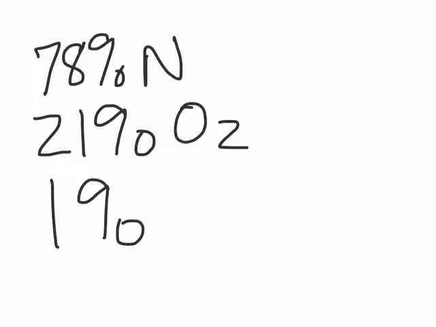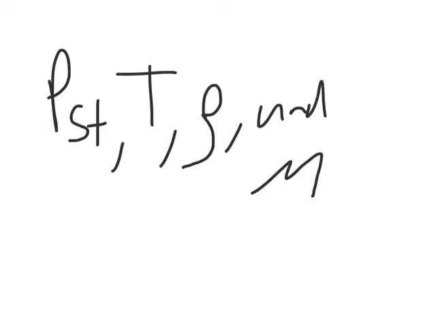Why the atmosphere is important: aerodynamics is going to be affected by static pressure, temperature, density, and viscosity. Sorry, the pen here doesn't work too well on the iPad sometimes, so bear with me as we go through this.